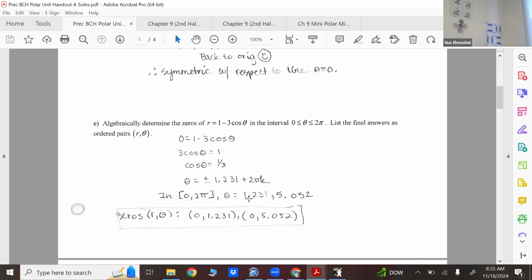You have to keep that in mind, so you have to find the equivalent angle in the fourth quadrant. That's your reference angle. A full circle is 6.28 or 2 pi. Take 1.231 away from that, and you get the other theta. And remember, we always state polar coordinates as r first, theta second. Because you're finding the zeros, you're at the pole, so r is 0. You want to say that.